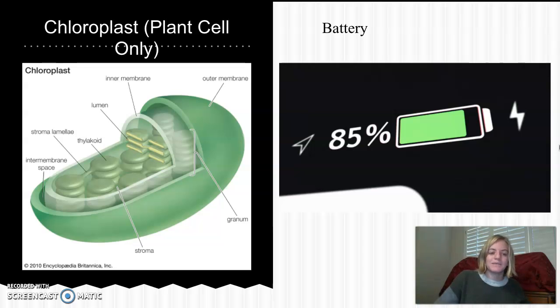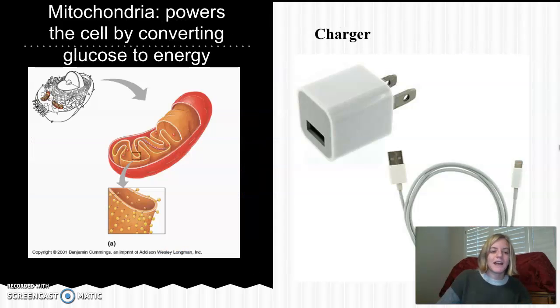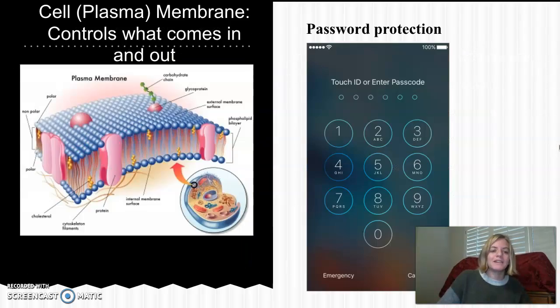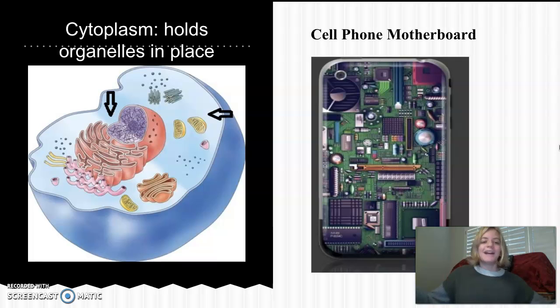And so just to go back and review one more time, all of them together, we have the cell membrane, controls what goes in and out. We have the cytoskeleton, which protects and gives shape to the cell. We have the cytoplasm, which holds the organelles in place, very jiggly.